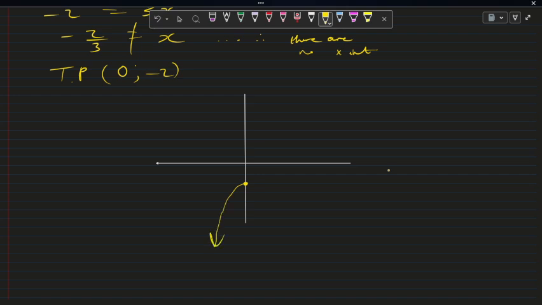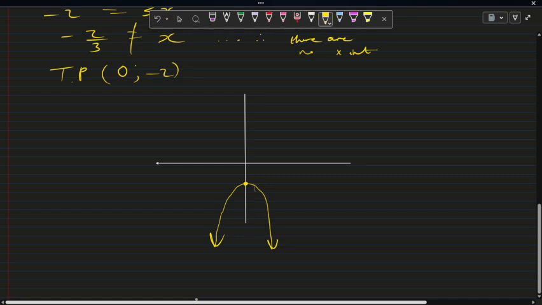Like that. So this is basically how our graph will look. And then the coordinates of the turning point is x is equal to 0 and y is equal to minus 2. So we can just put minus 2 over there, and then we can label our axes.